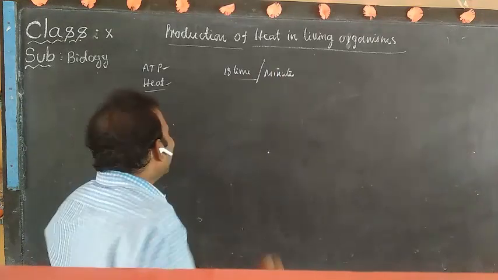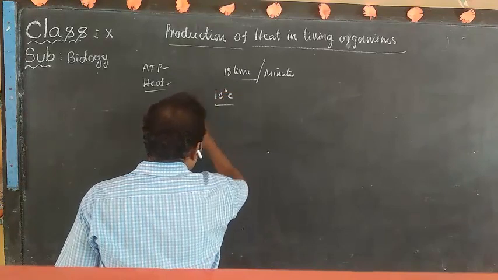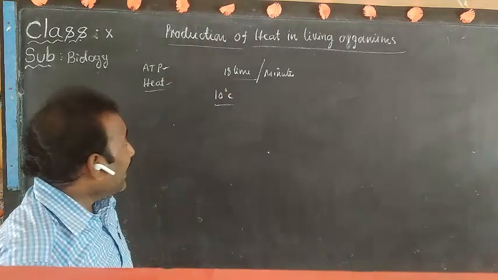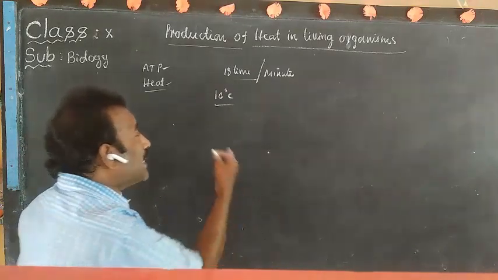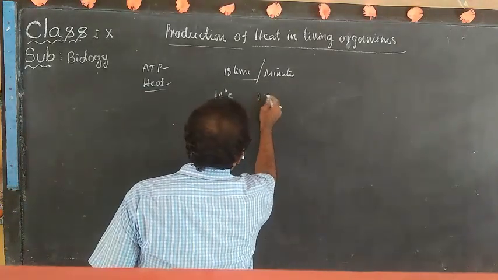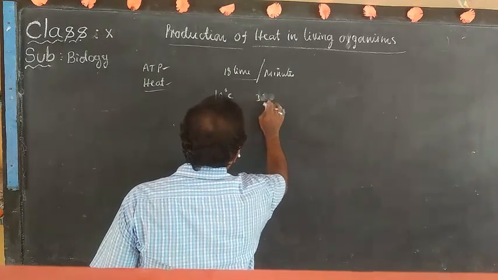Suppose the room temperature increases by 10 degrees Celsius. The rate of respiration becomes double, becoming 36 times.